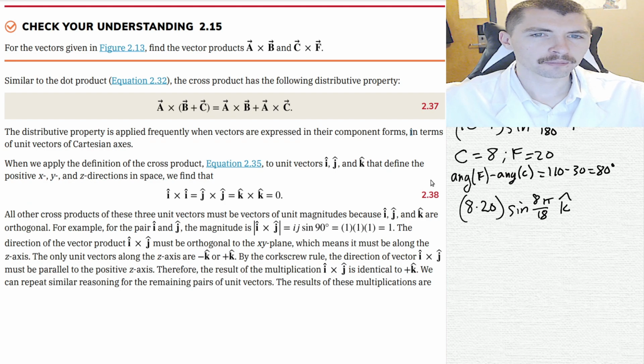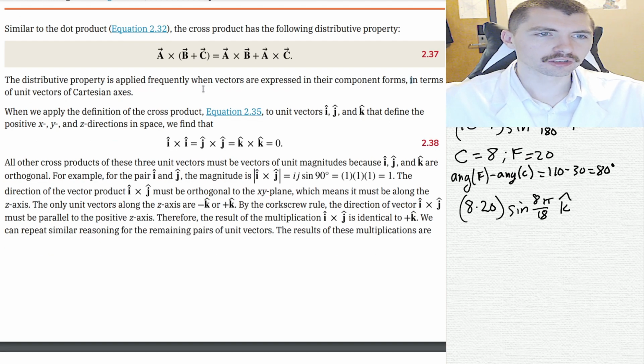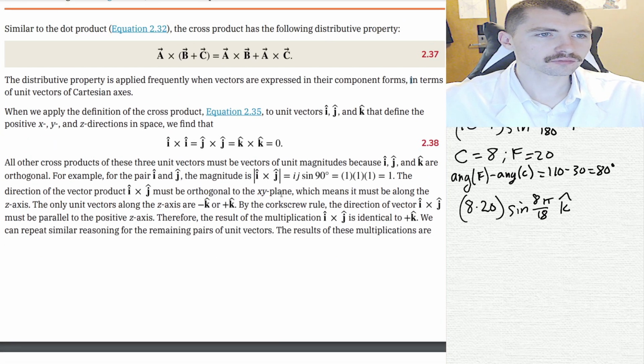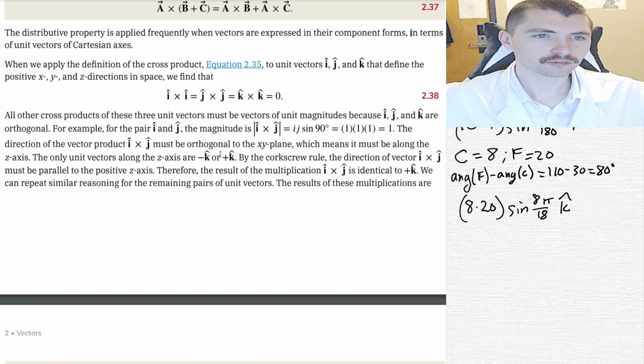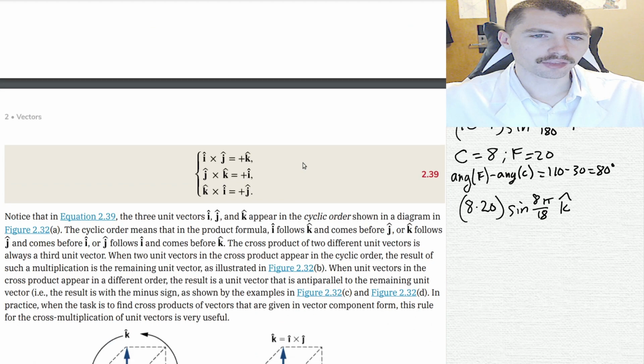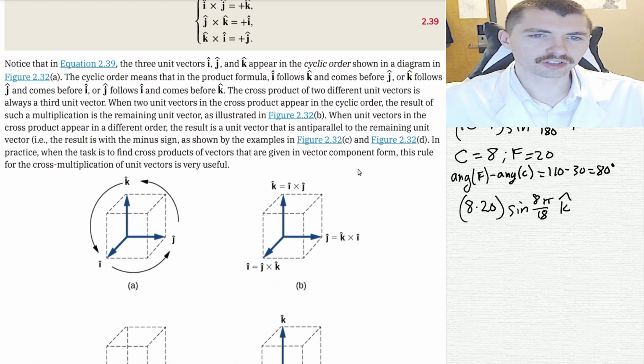So the cross product has the distributive property. I think we covered a little bit of this last time.